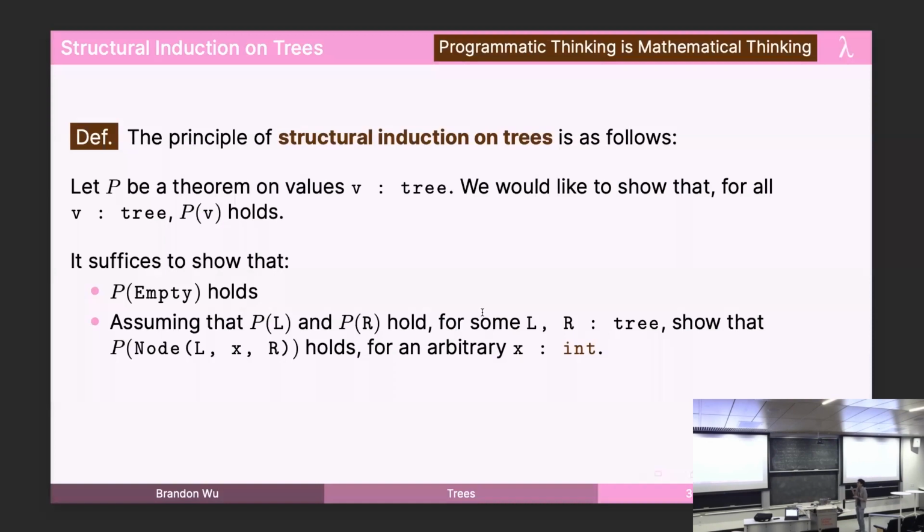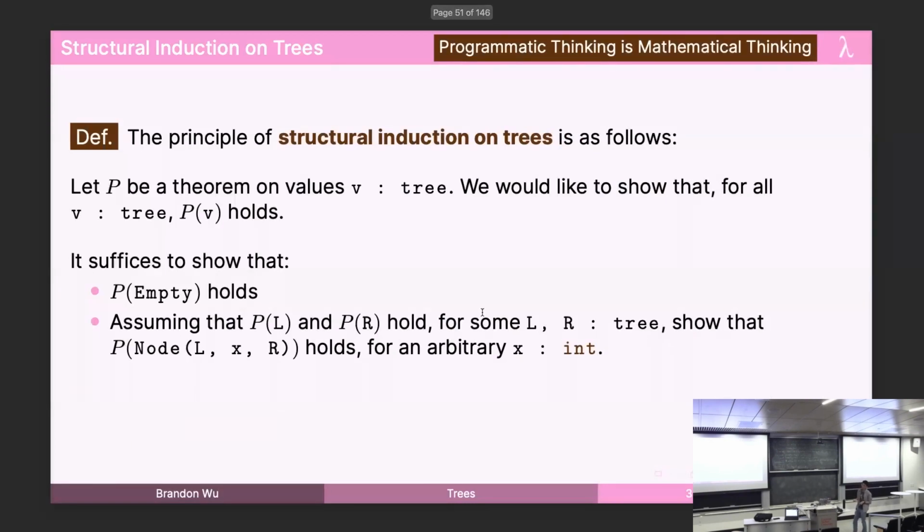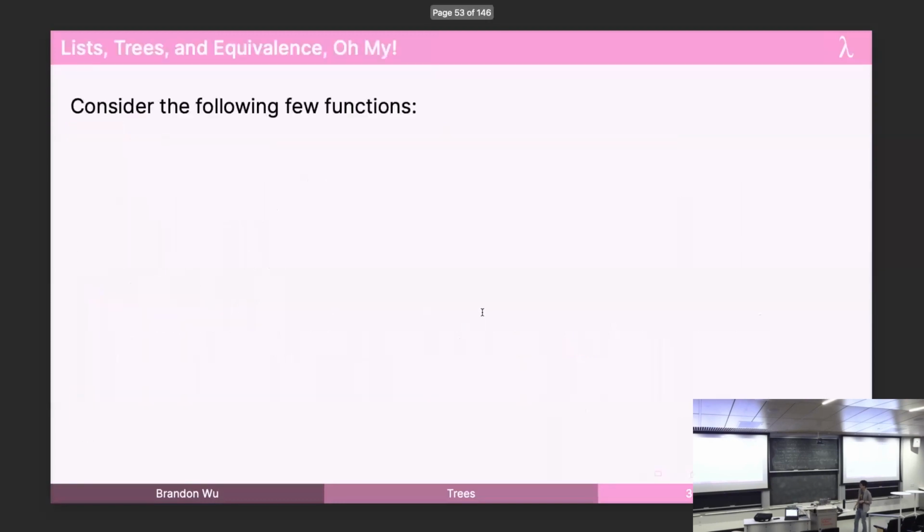So for a tree, I get two, for an arbitrary L and R. But you have to say for some L and R. It's still not proper to say for all T of type tree. Okay, that would still be assuming the theorem, but you just get two, all right? No more, no less, right? Well, actually, I guess you don't always need both your induction hypotheses, but for the vast majority of functions you could write on trees, you will need two induction hypotheses.